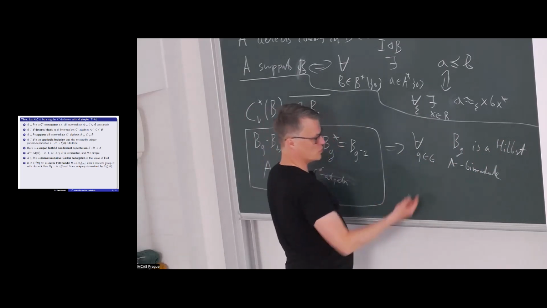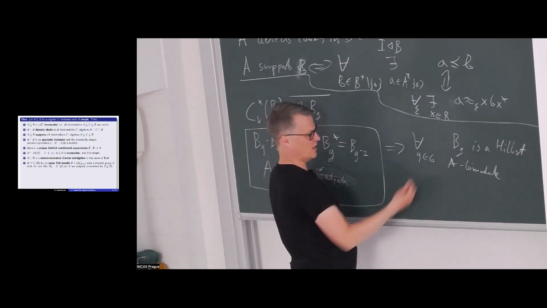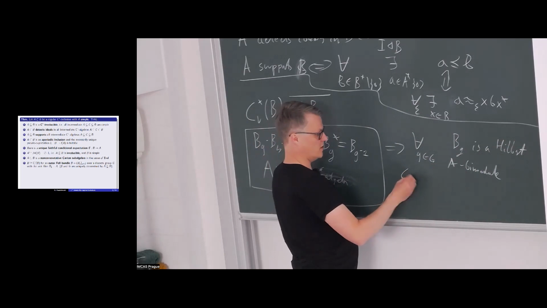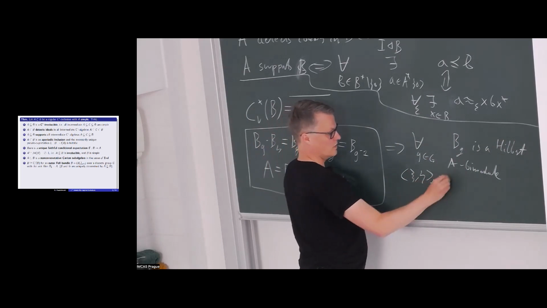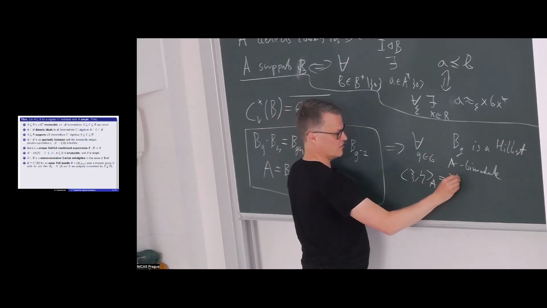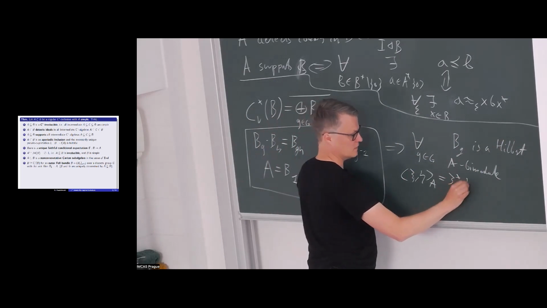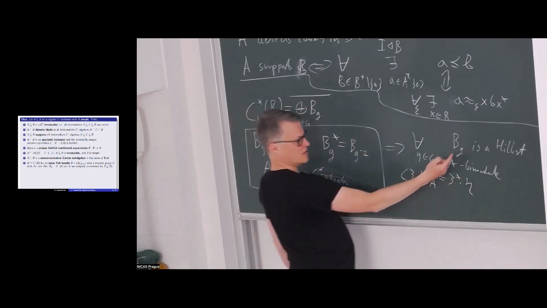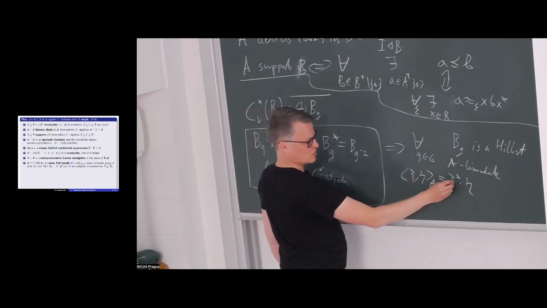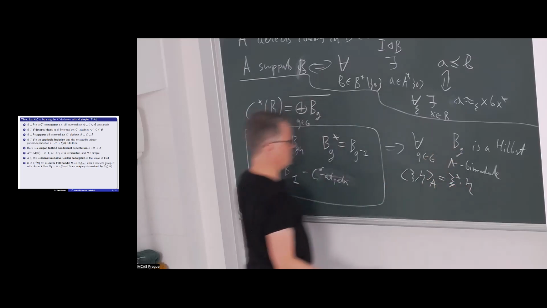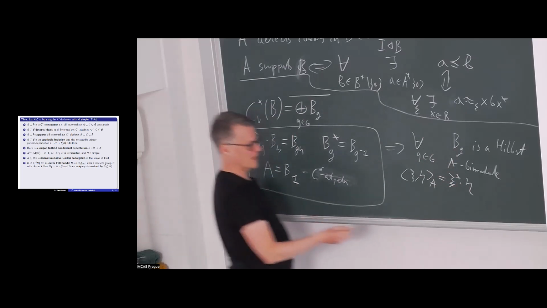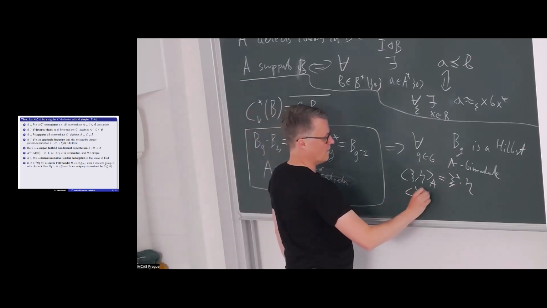And Hilbert bimodule means that we also have these A-valued inner products, and they are given in an obvious way. The right one is given by this product. So eta is in B_G, psi star is in B_G inverse, so B_G inverse times B_G lands in B_1. And the same holds on the other side.